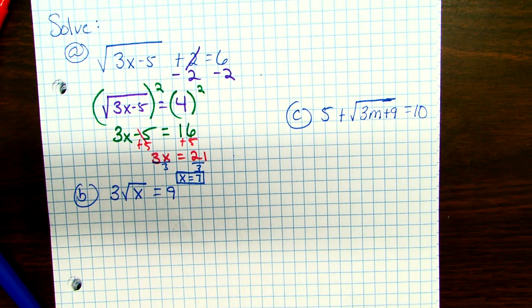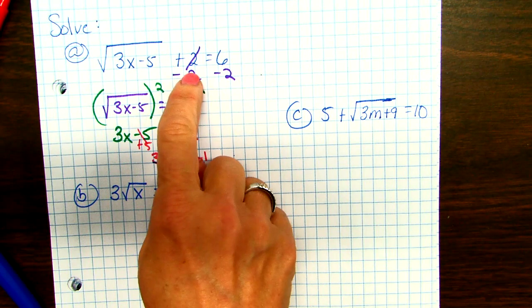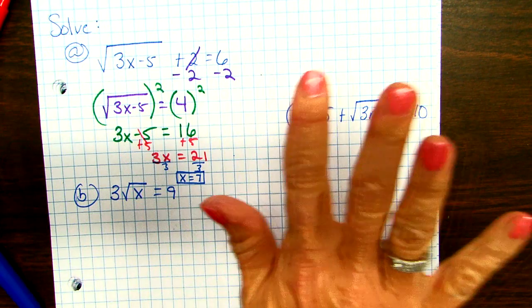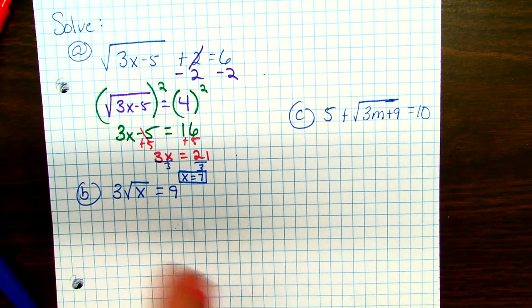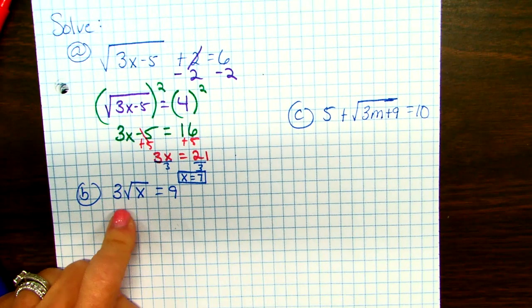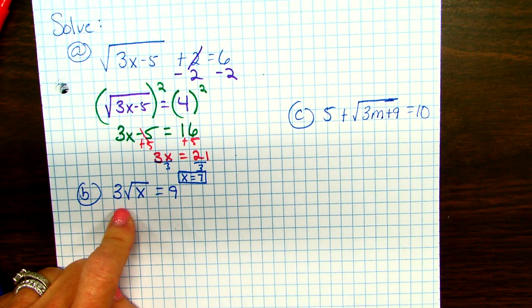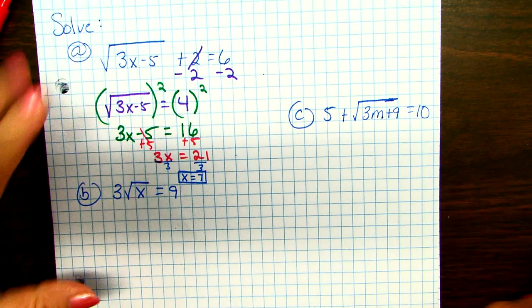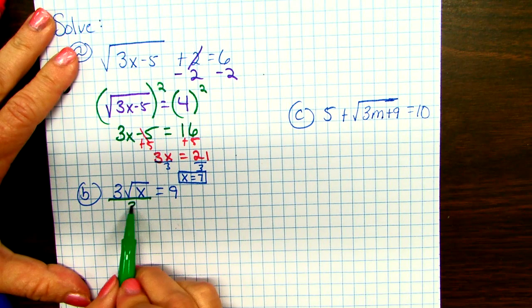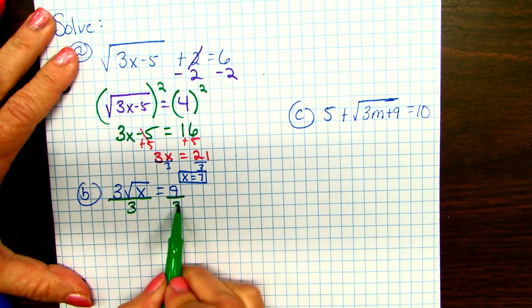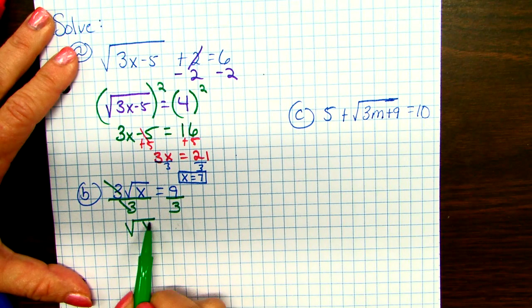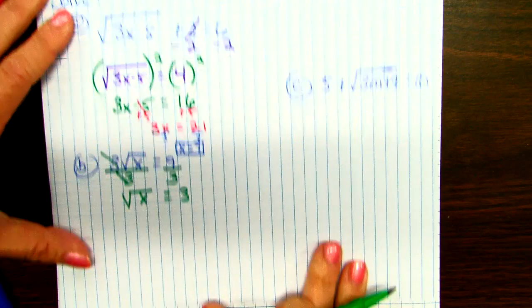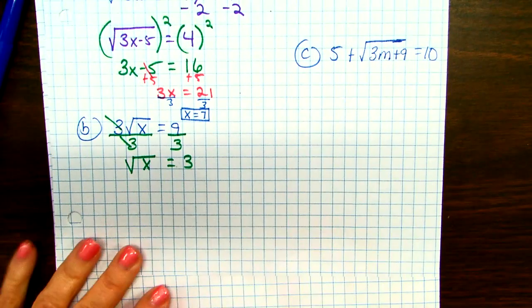In the problem we did a second ago, we did the opposite of plus 2, which is minus 2 to move it. What does it mean, do you think, to have a 3 right up against the radical? What operation does that represent? Does anyone know? Multiply, right. This is multiplication. The opposite of that is division. So I'm going to divide both sides by 3 to isolate the radical.